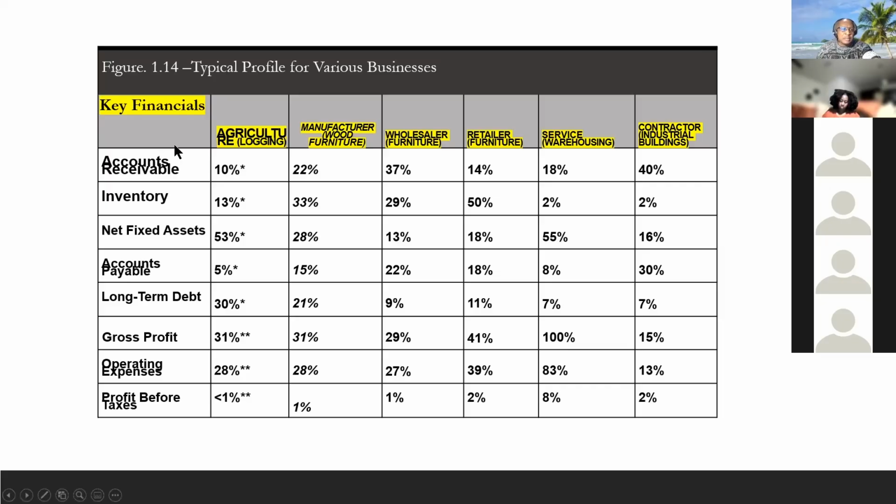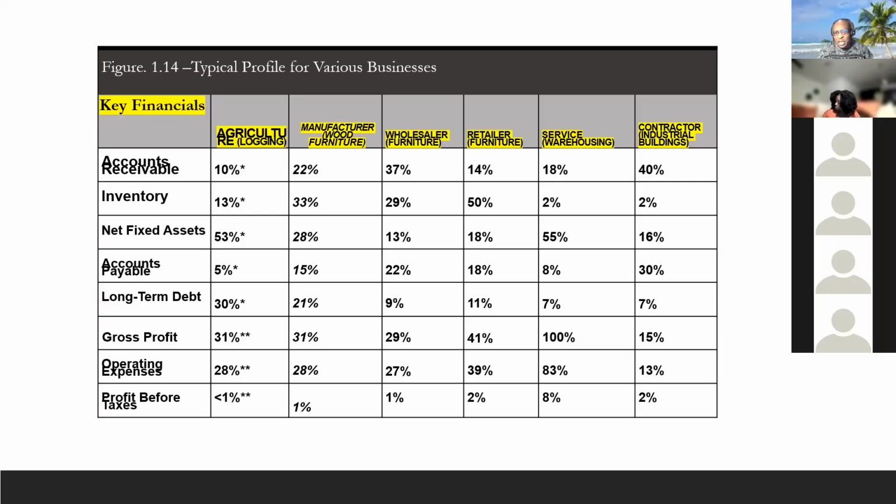You can see that I edited the table a little bit. So I have a column titled Key Financials, but whether you have a heading or not, it's the same thing. So notice that accounts receivable may be present in all of the industries, but depending on the volume of activities that are done on a credit basis versus a cash basis, you can have a low level of receivables or a high level.